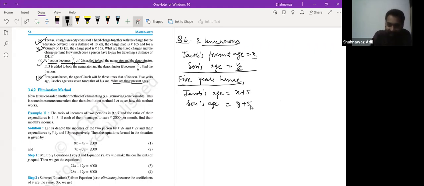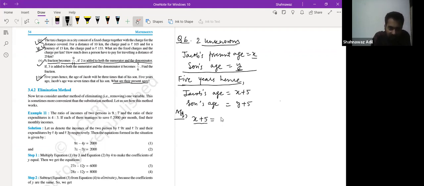So Y plus 5. And what is the information that they are giving? Jacob's age will be 3 times. So this is Jacob's age 5 years hence.